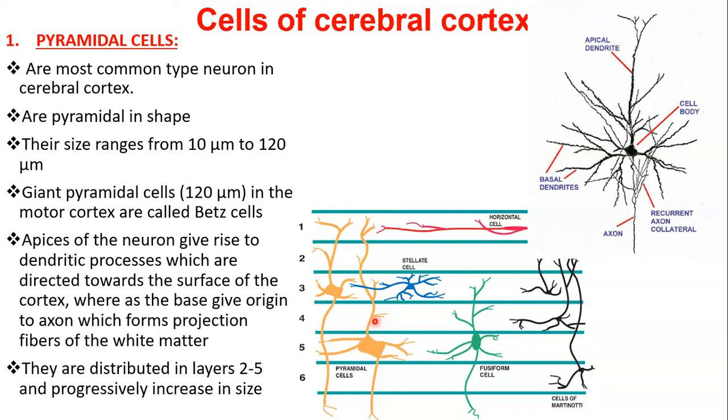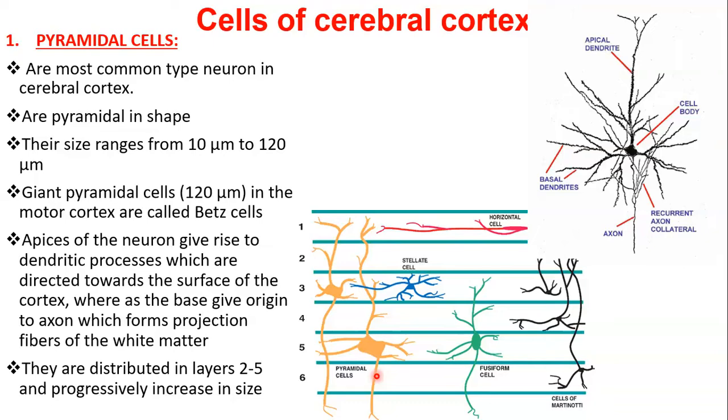The apices of the neuron. This is the neuron body, and this is the apex of the neuron. The apices of these neurons, meaning the upper part, give rise to dendritic processes. These are the dendritic processes, and you can see these dendritic processes are going towards the surface of the cortex. Where is the base? This is the base. It gives origin to the axon.